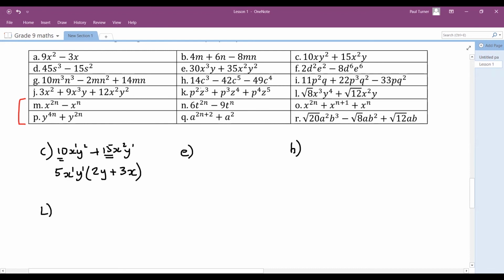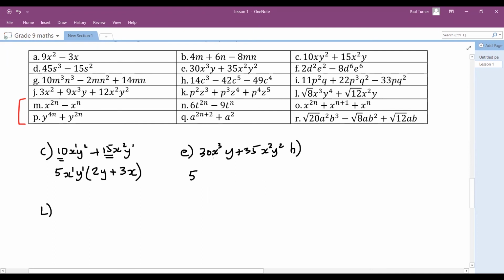So question E, that was here. So 30x cubed y plus 35x squared y squared. The common factor would be 5, isn't it? 5 6s are 30, 5 7s are 35.